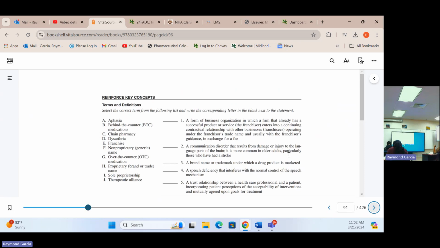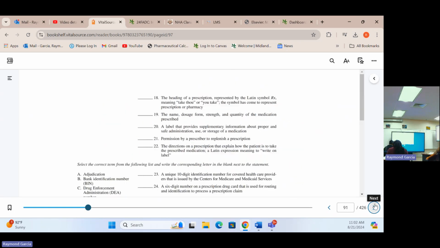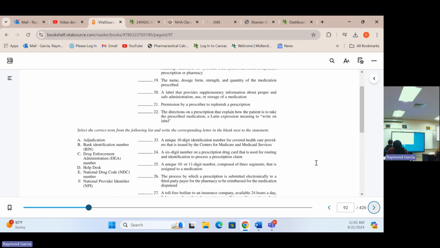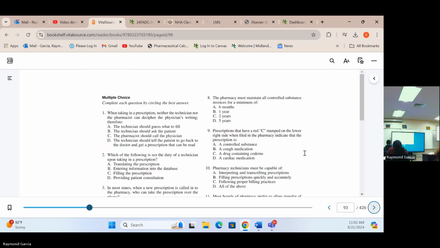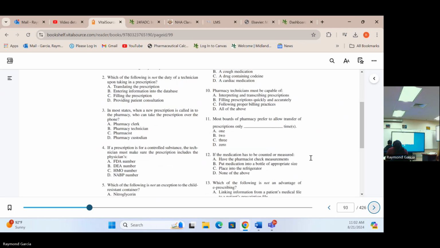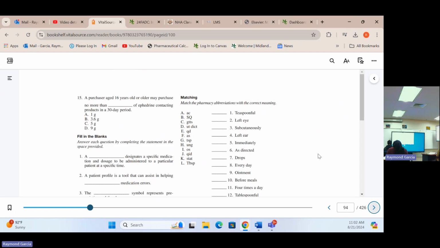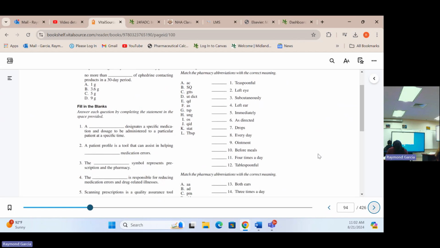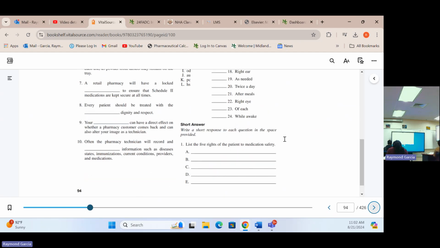You'll do your terms and definitions, matching, page 91. Matching true or false as well, page 92. Multiple choice, page 93. Fill in the blank, and there's matching there. A little review here, knowing your abbreviations, all the way up to the short answer. I'm about to add to the short answer.